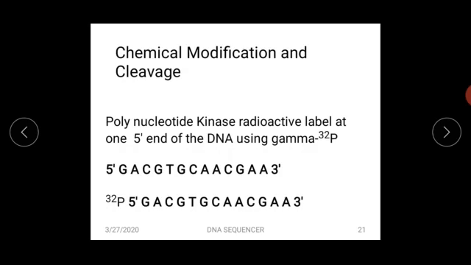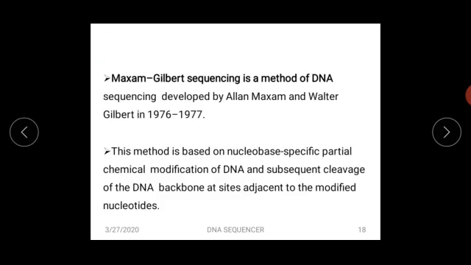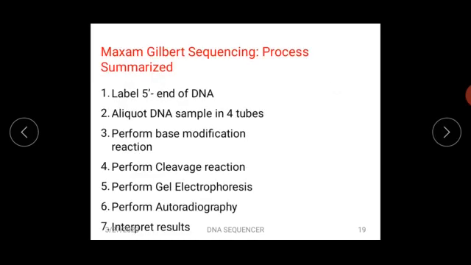Firstly, we can see here the 5' end of the DNA is being labeled. Further, the DNA samples are aliquoted in the 4 tubes, the way we have seen in the Sanger method. The only difference is the DNA 5' end is being labeled.